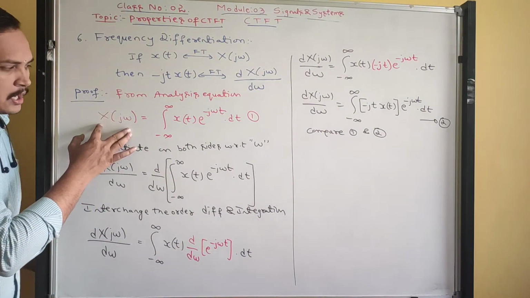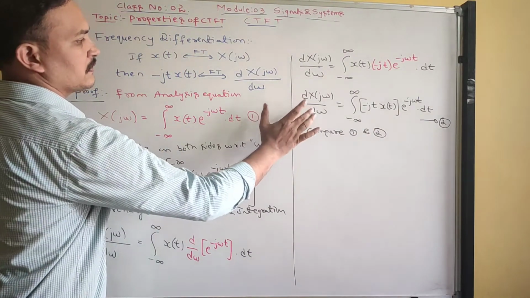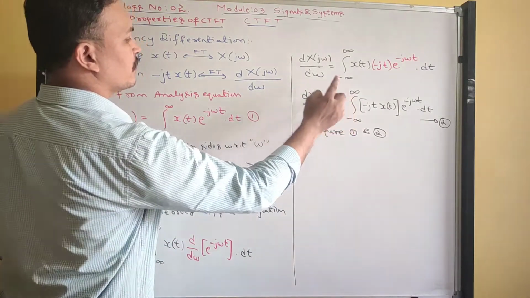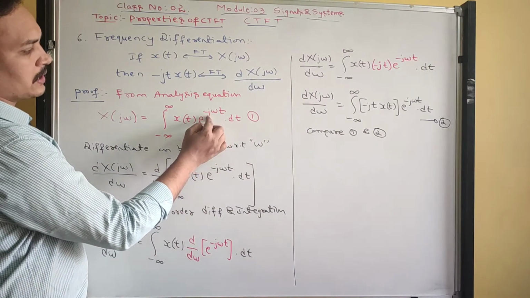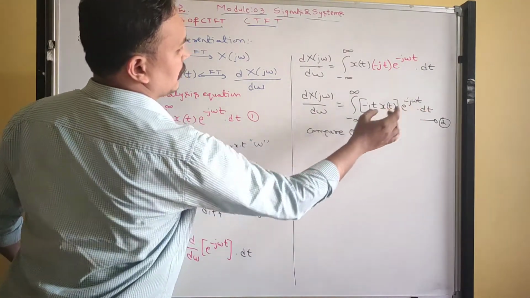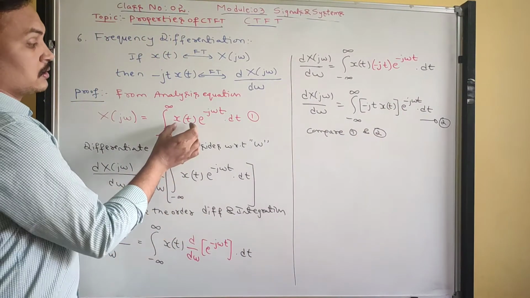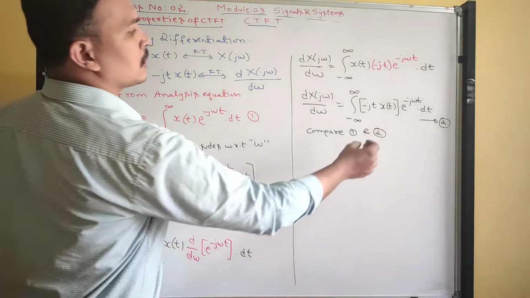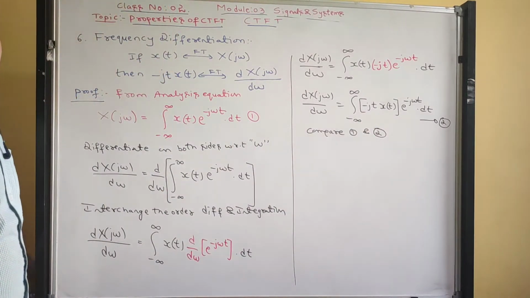Here, the frequency spectrum X of j omega is differentiated. In the integral of e power minus j omega t into dt, what is changed? The non-periodic signal x of t gets multiplied with minus jt. Got it?